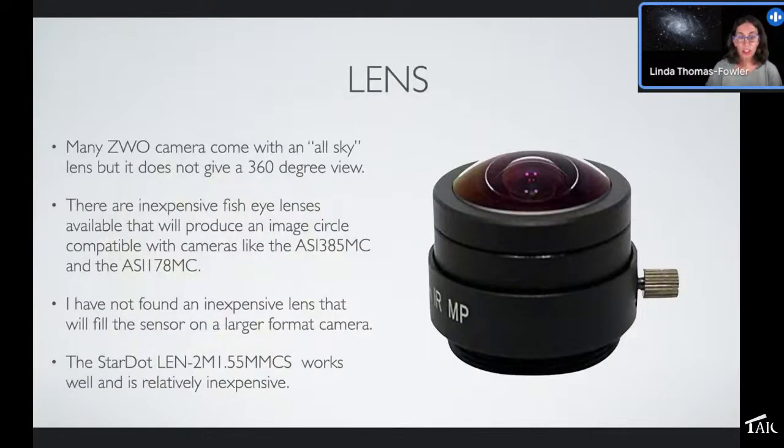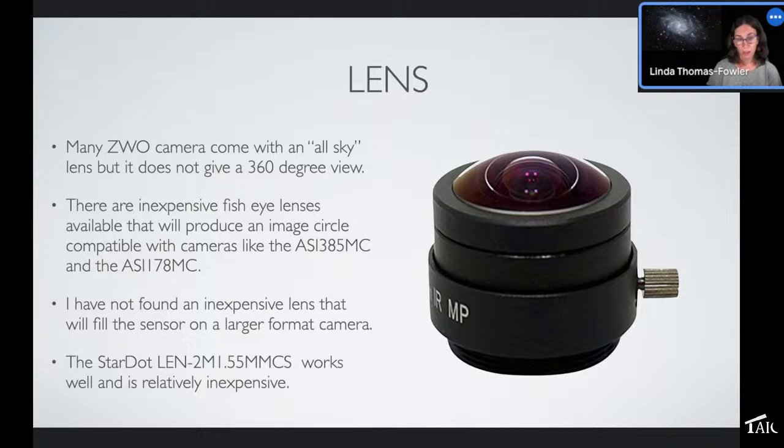So a lot of the ZWO cameras come with a lens, and that lens is fine, it works, but it's not as wide angle as it could be. And you can pick up a lens on Amazon or from other places that will give you a slightly wider field of view, and on the 178, a complete 360-degree field of view.